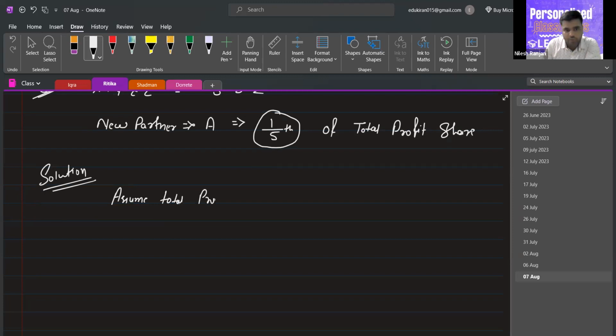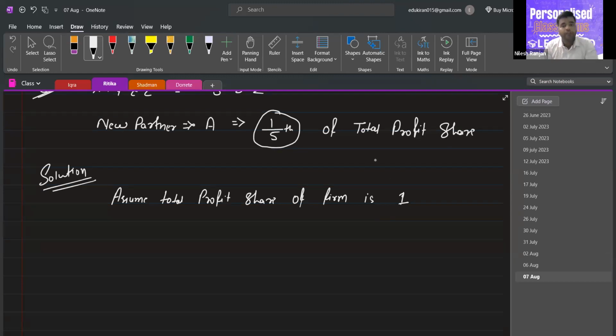Assume total profit share of the firm is 1. Now, there is no information about the new ratio of old partners. We don't know how much share they will get.